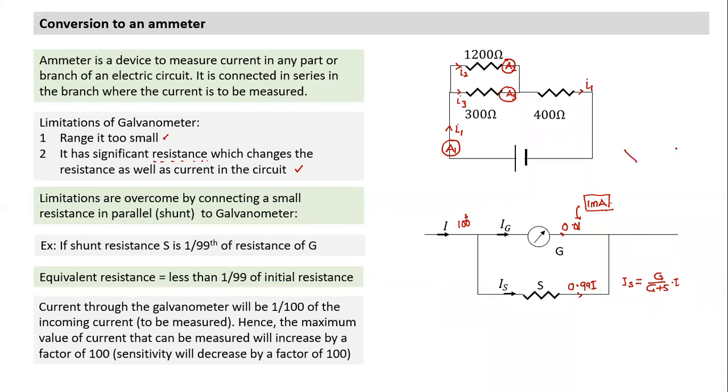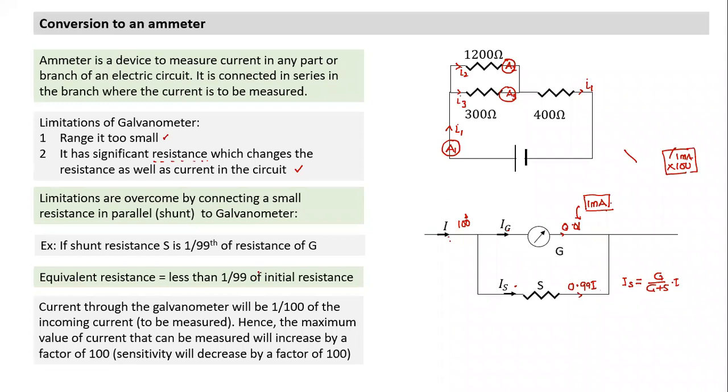So wherever I have a reading of 1 milliampere, I know it is actually equivalent to 1 milliampere into 100. The maximum current in the circuit which can be measured becomes 100 times more. So this I could be 100 times the maximum current which can pass through the galvanometer. The measured current becomes 100 times Ig if I connect a small resistance here.